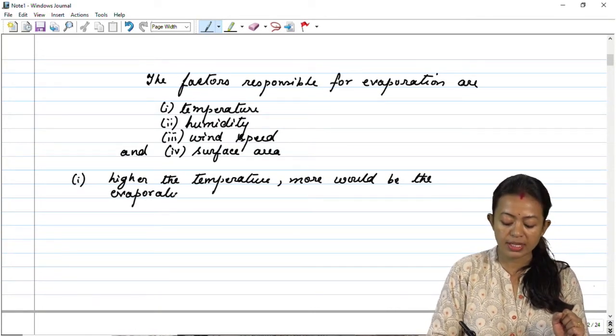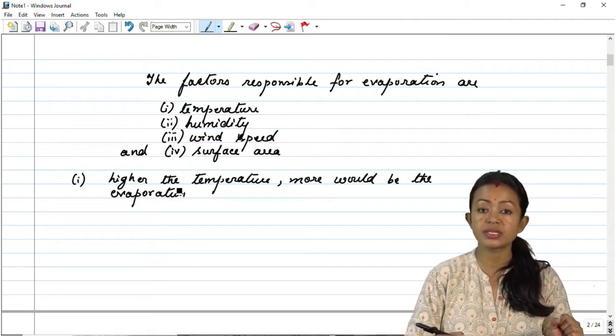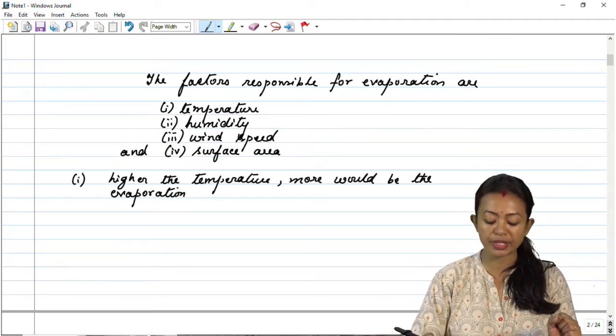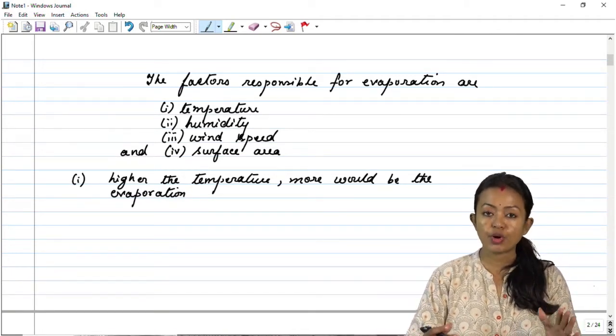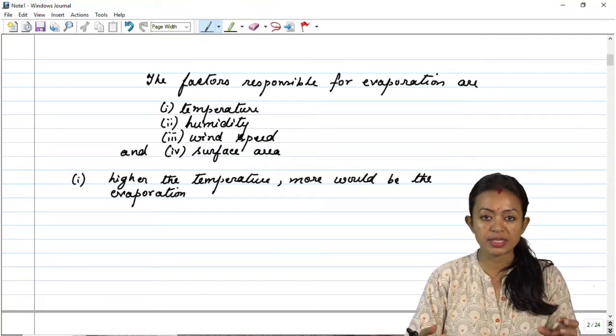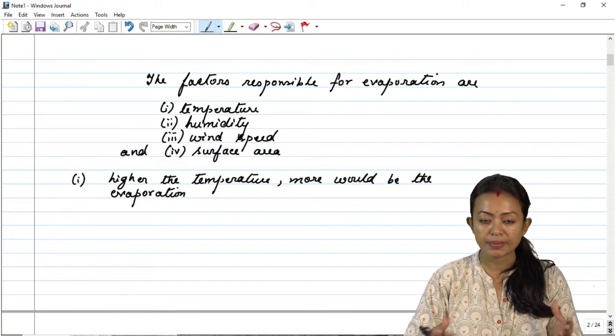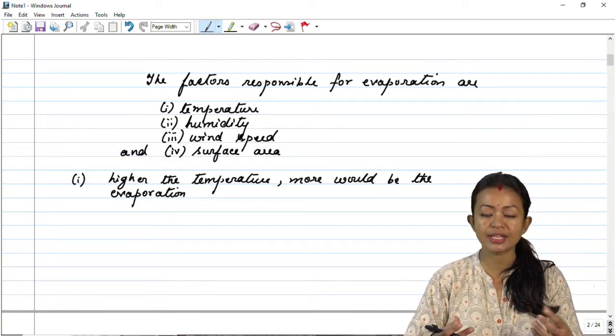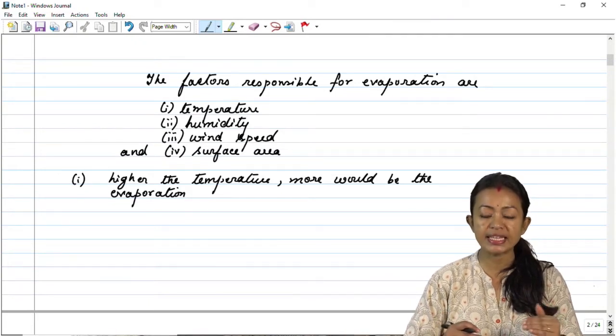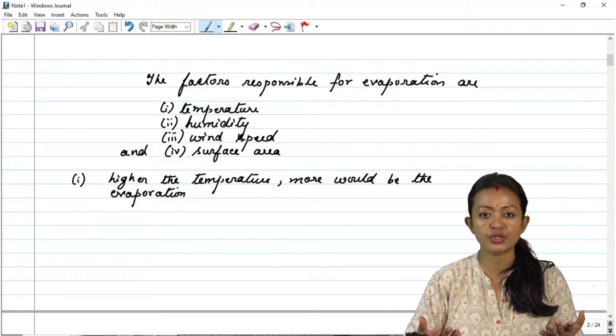Now why is it? What is the reason? How is temperature related to the rate of evaporation? Because when the temperature increases, the molecules of the substance, that is water, get enough kinetic energy, and due to attaining kinetic energy, what happens? It leaves the liquid phase and gets transformed into the vapor state.